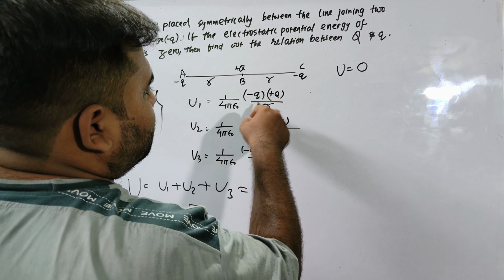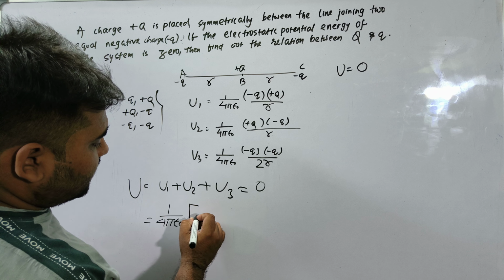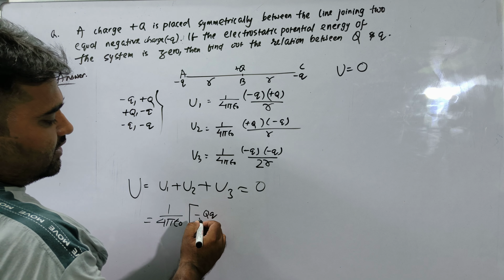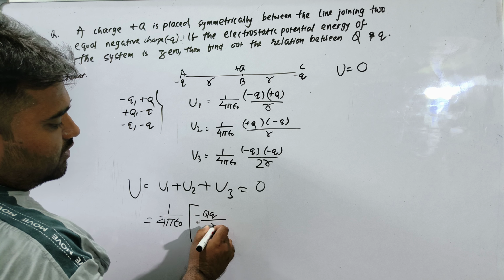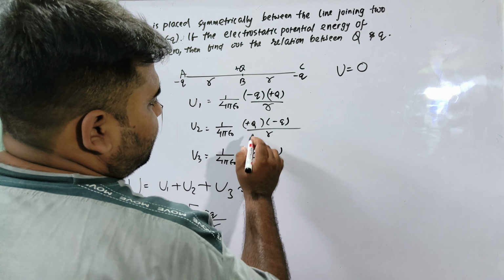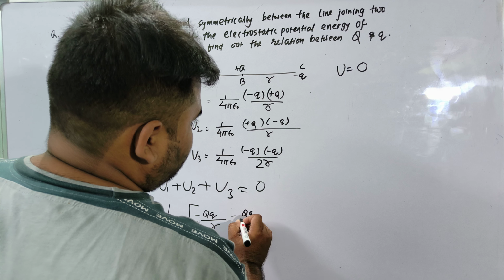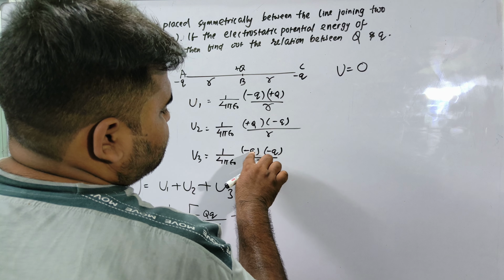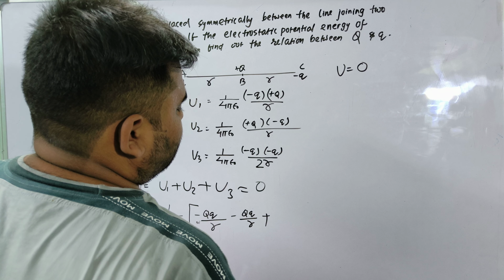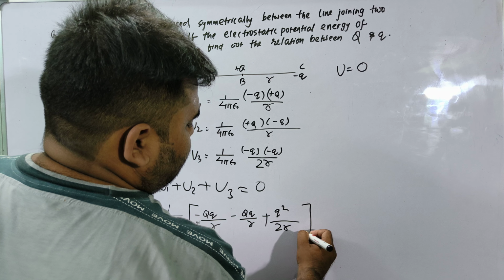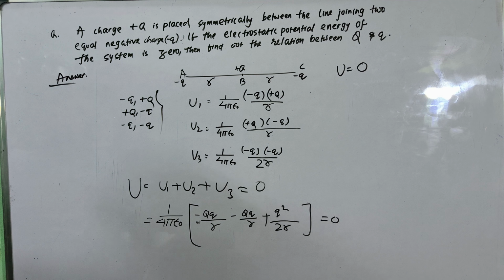Just multiply them. That is q times minus q and q divided by r. Then this also, q and minus is minus q by r, and minus q and minus q get multiplied to get q squared upon 2r, and this results in 0.